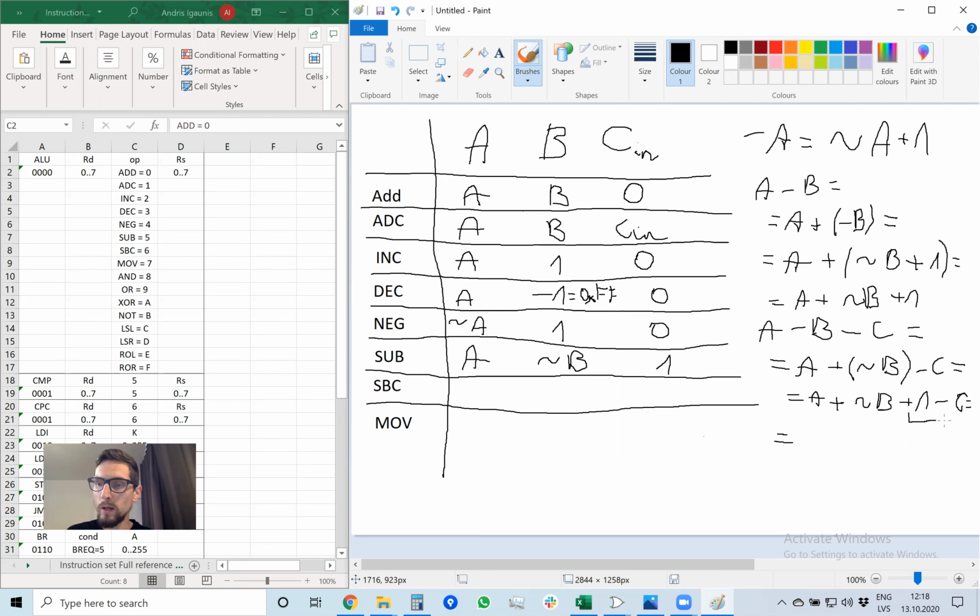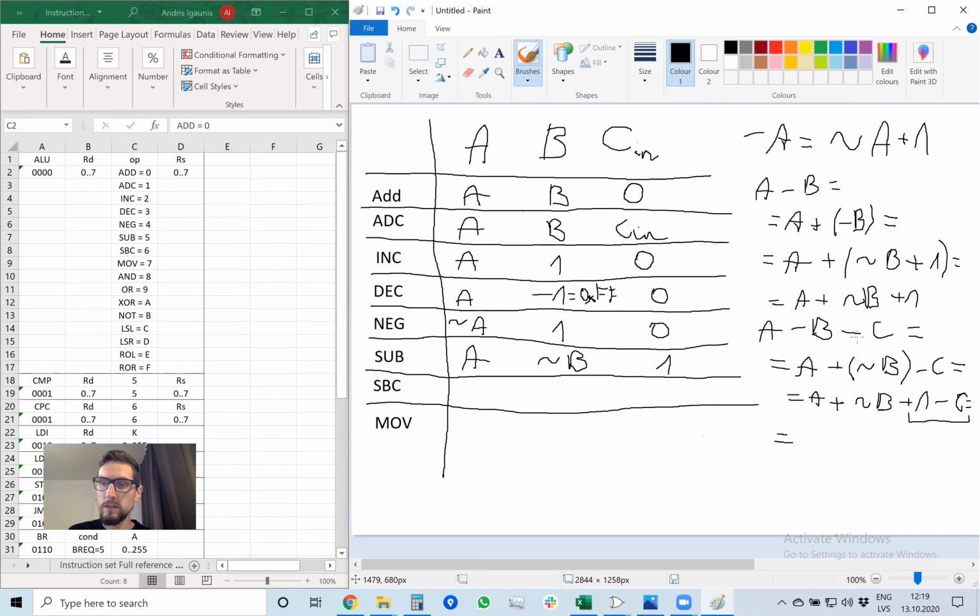how much is 1 minus carry? So if carry is 1, 1 minus 1 is 0. So it's the opposite of carry. And if carry is 0, 1 minus 0 is 1. It's again the opposite of the original carry value. So 1 minus something in Boole algebra means the inversion or the opposite of that something.